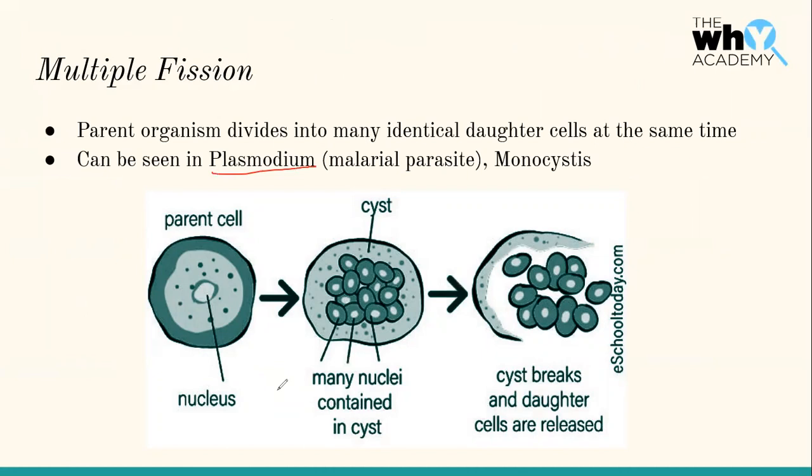All of this is there in short and nicely put up, right? Okay. It can be seen in Plasmodium and I've just added one more example here, just as an additional resource. Monocystis. So the parent cell will divide into many daughter cells and then that cyst breaks and the daughter cells are released, right? Again, not much to explain.